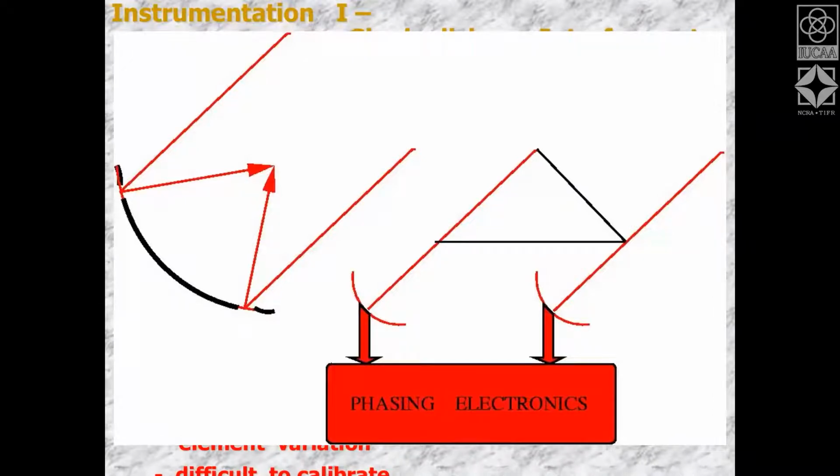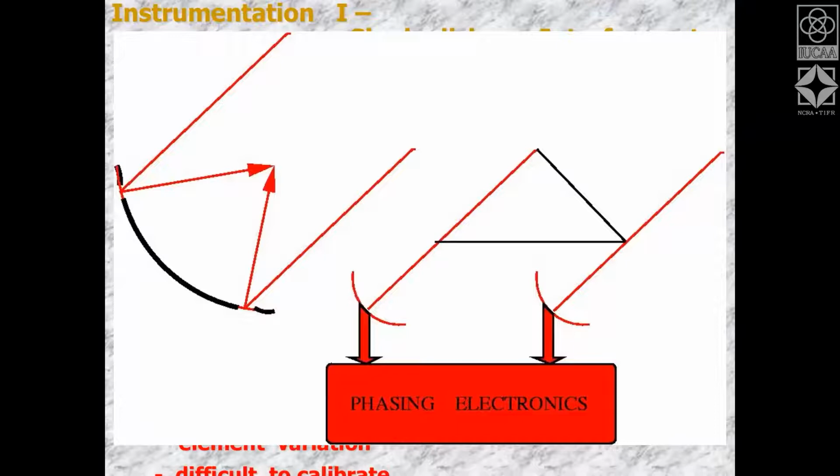If you can find out this delay and compensate for it, then all your dishes, which are independent of each other and geographically located in different directions, will see the same wavefront. So if you could compensate for this phase delay, then you can actually add the voltages from each of the telescopes. And such a combination is called a phased array.